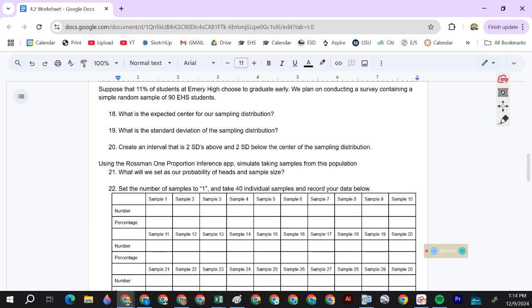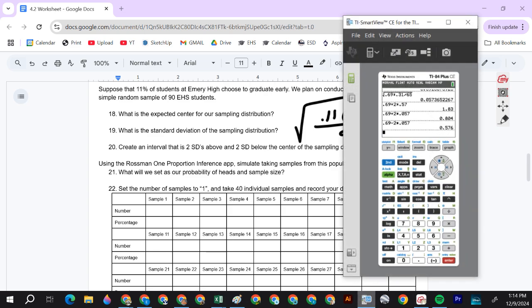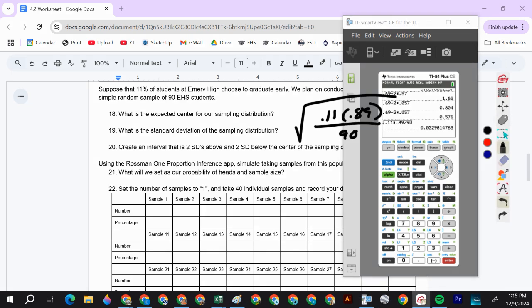That's what the population is, so we would expect the sample to be similar to that. What is the standard deviation of our sampling distribution? So we're going to do 0.11 times 0.89 over 90, and then take the square root of that. Okay, and I get, we'll call it 3.3%, so 0.033.